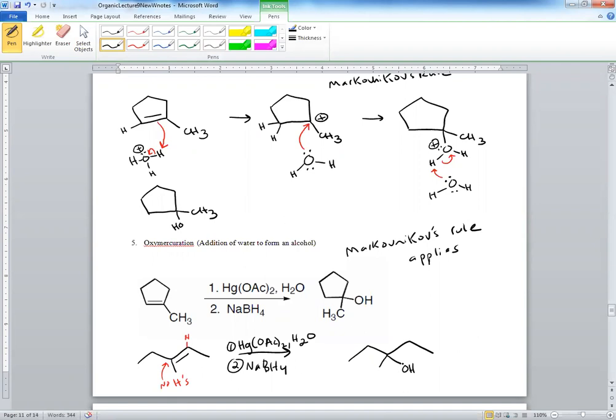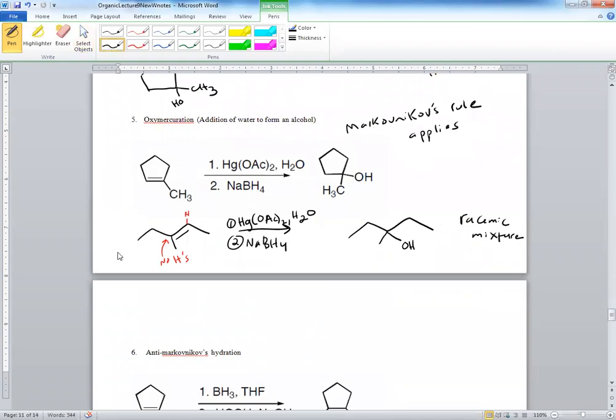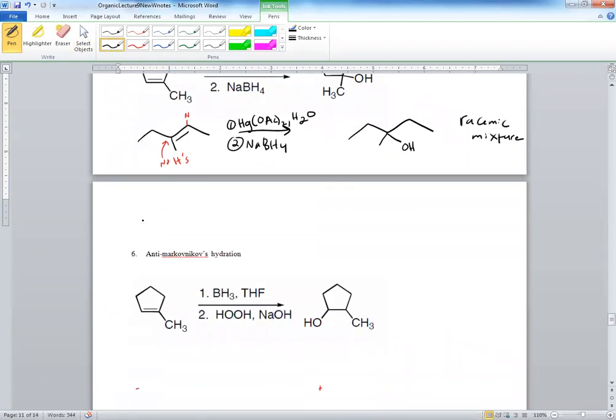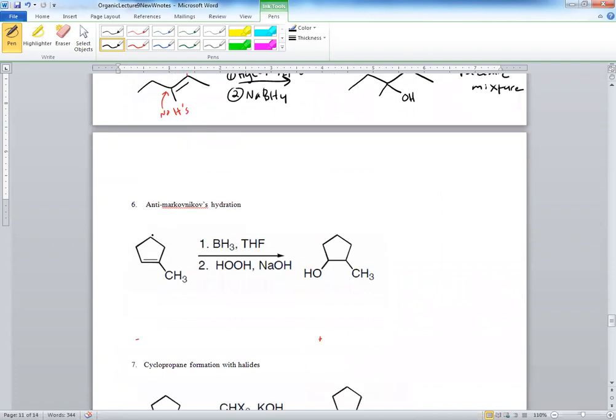Now, be aware that you may get a racemic mixture here. Very well. As we're going through them quickly, for the rest of these, we do not need to know the mechanisms. Just be able to apply the reactions.